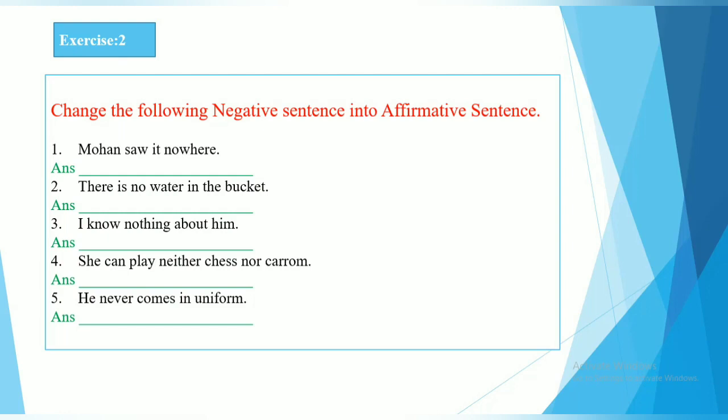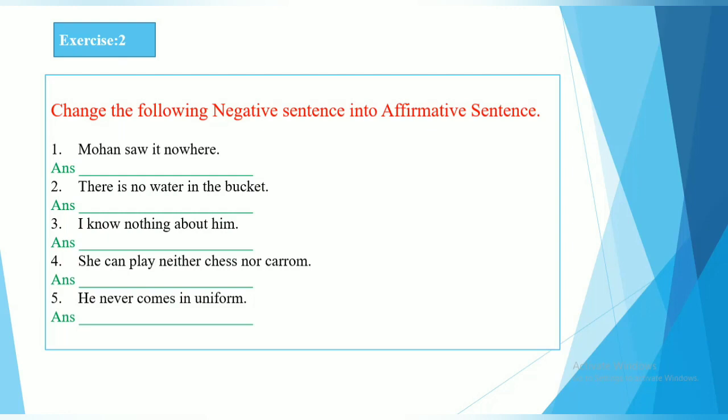Can you say the answer? Mohan saw it somewhere. Number 2. There is no water in the bucket. So what is the answer here? There is some water in the bucket.